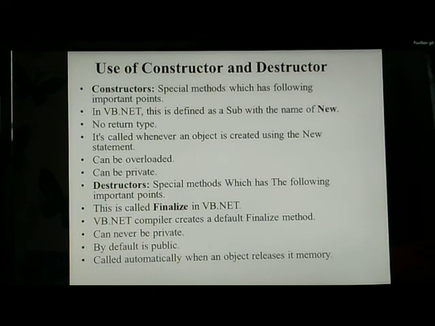Now let us see the use of destructor. It is a special method which has the following important points. It is called Finalize in VB.NET. The VB.NET compiler creates a default Finalize method. It can never be private, but the constructor can be private.